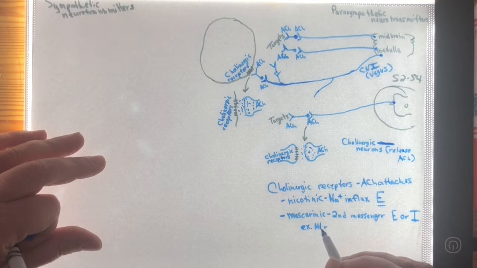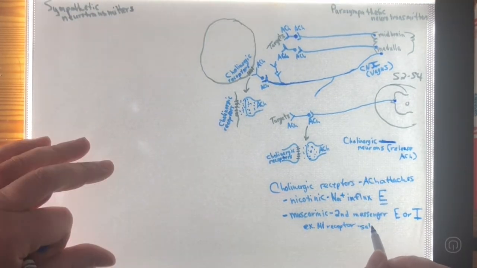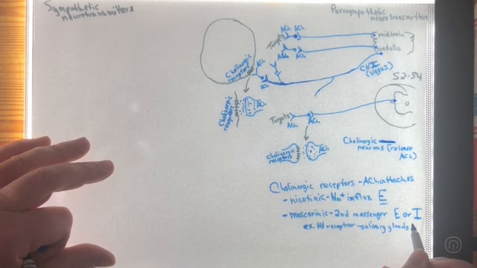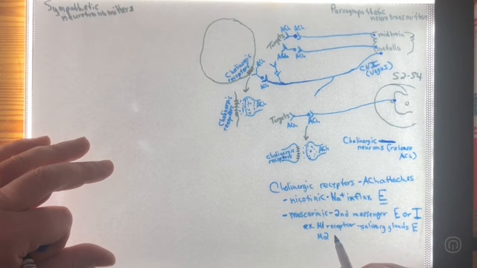So these could be excitatory or inhibitory depending on what they do inside of the cell, depending on the cellular dynamics that they start to change. For example, the M1 muscarinic cholinergic receptor tends to be excitatory, and the M2 cholinergic receptors tend to be inhibitory.